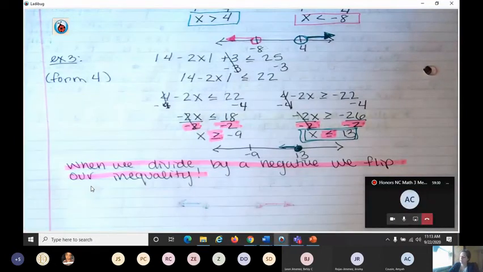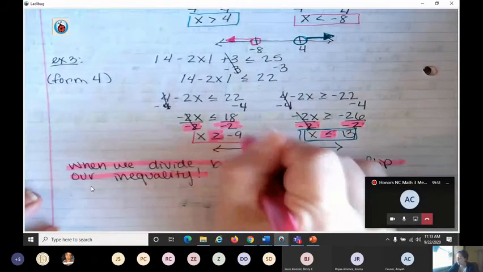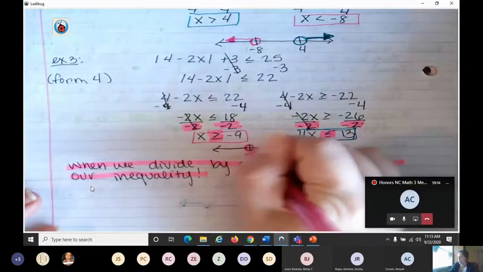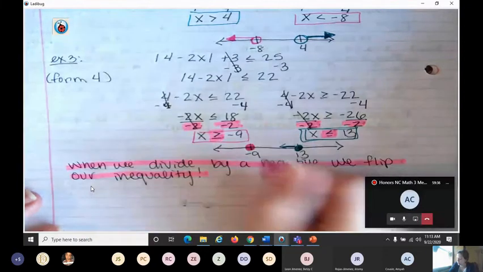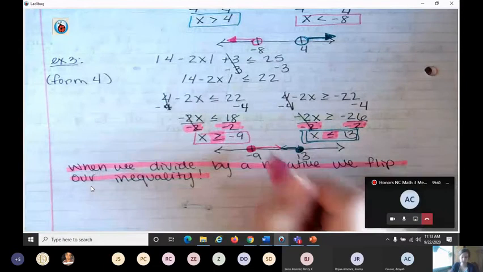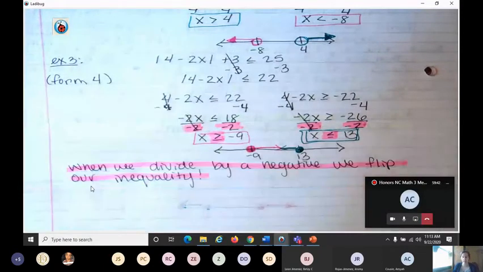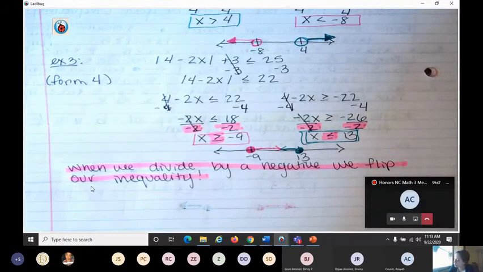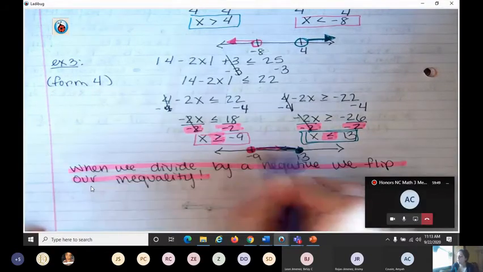And we have -9. This is also going to be a closed circle. We have values bigger than or equal to. So this whole section, I could color that in purple, is going to be our answer. Anything between -9 and 13 will be our answer.